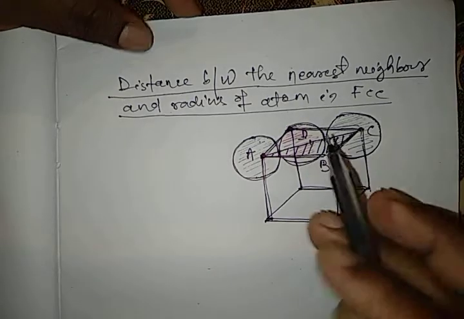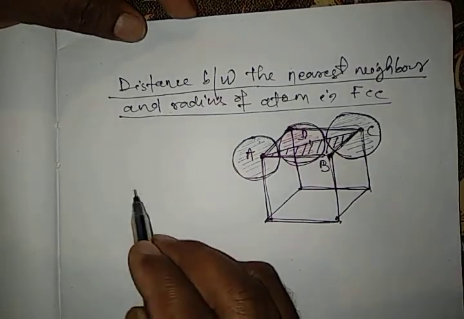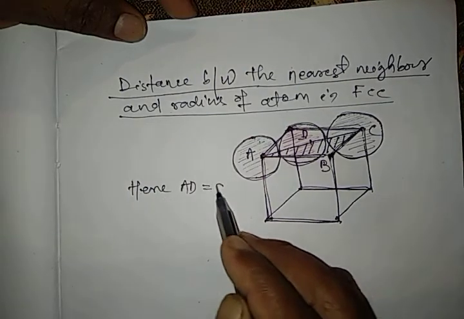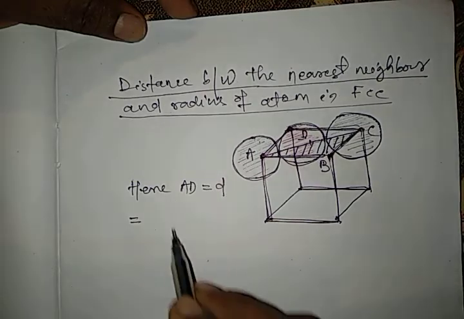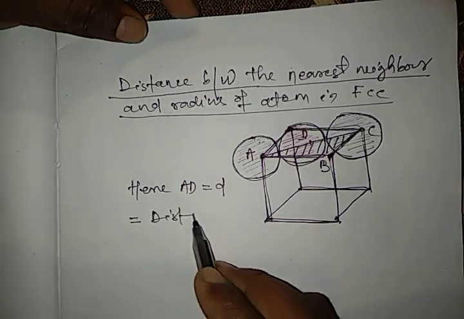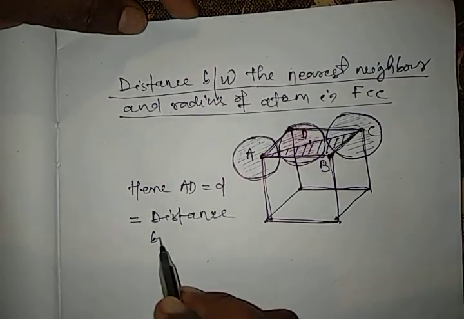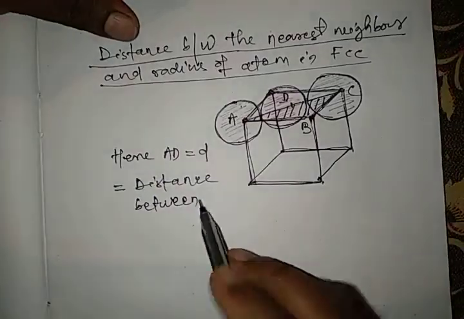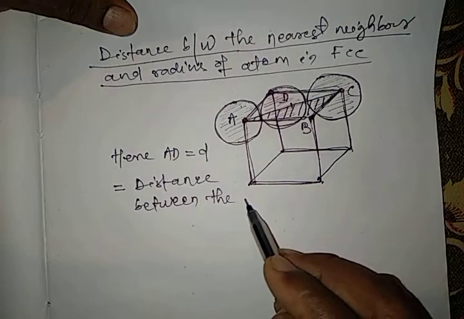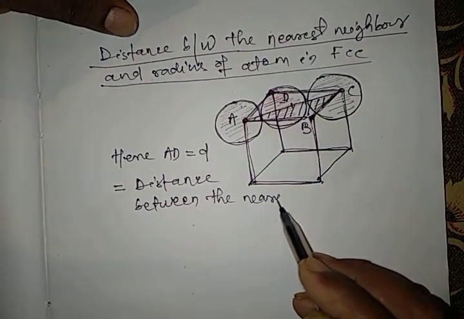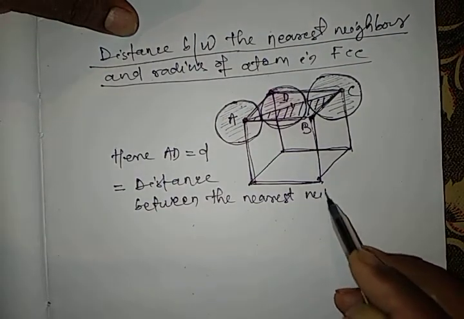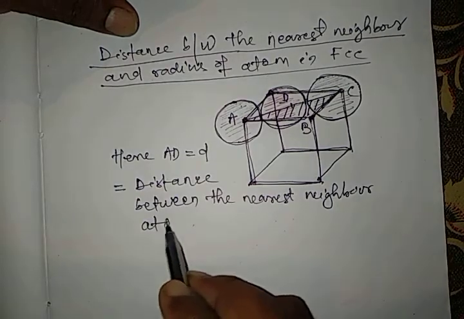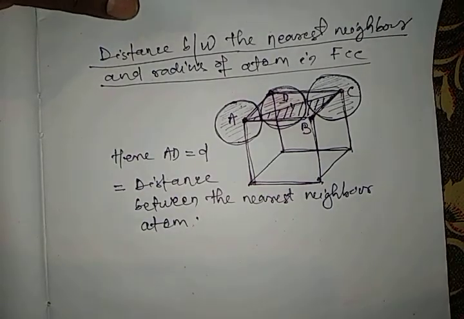So here we can write AD equal to D, the distance between the nearest neighbor atoms.